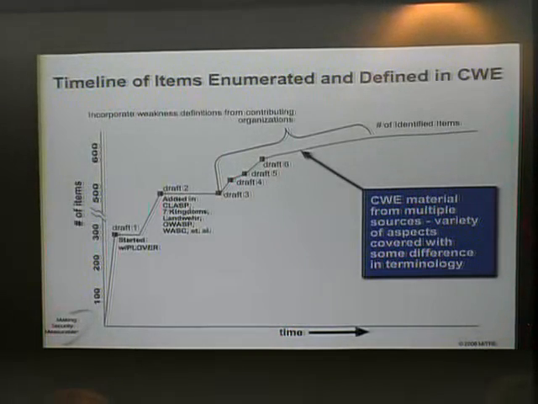Because basically we were pulling in all this content from different sources, and one of them had 15 different attributes that they were tracking, another one had 18, one had 3. We were trying to figure out, okay, what is the good minimum types of issues to cover, and then do those well. So after draft 6, we basically did what we're calling the CWE scrub, and we're still scrubbing.